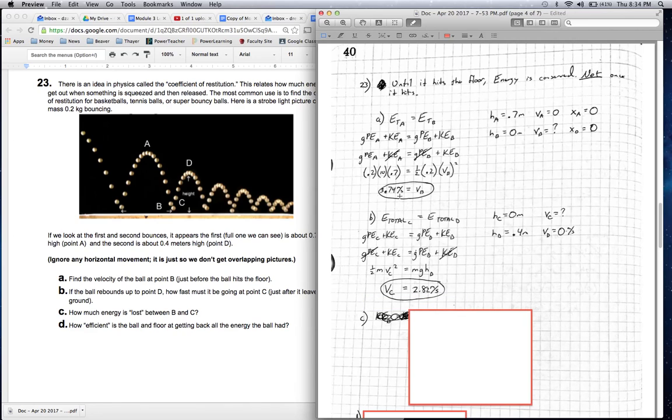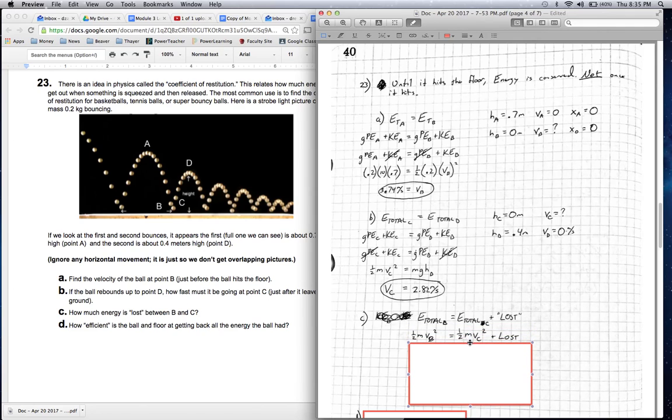So it hit going 3.74, and it left going 2.82, which means it lost some energy. How much did it lose? Well, now what I can say is that the total at B is equal to the total at C plus whatever it lost, that energy that must have turned to heat or something else, because the collision lost some energy.